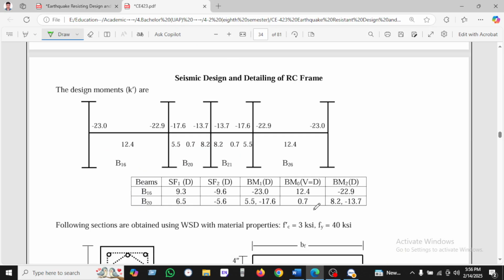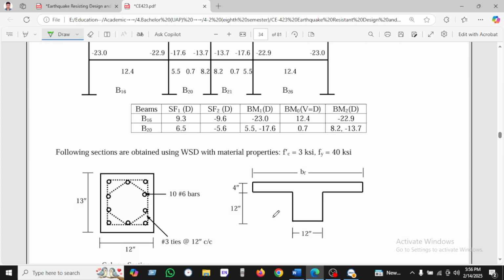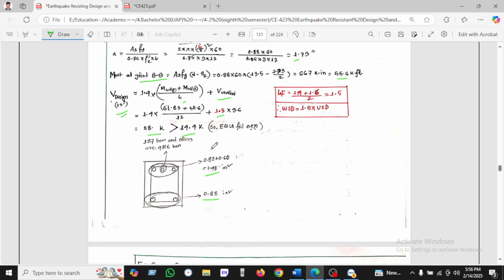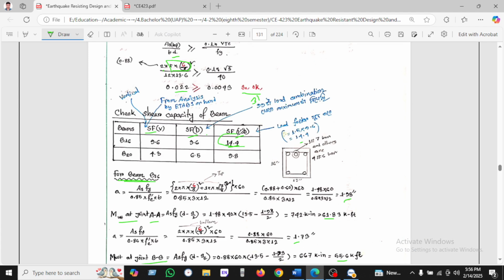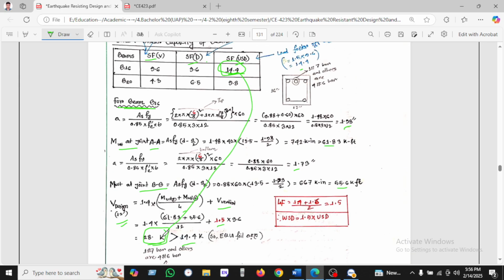Where is 14.4? Okay, we have been found here 14.4, but we have been calculating, we have been found 28. So 28 is greater than 14.4. Okay, so you can see this is okay.